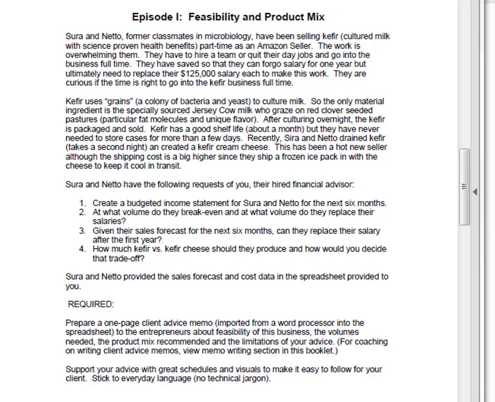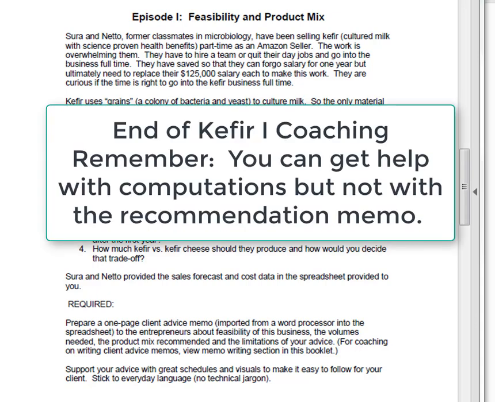Be sure to use English rather than the technical terms. For instance, you'll talk about how many cases you need to make to replace your salaries. You won't need to use the term target profit. That's a technical term that accountants talk about with each other. All right, I look forward to seeing your work.